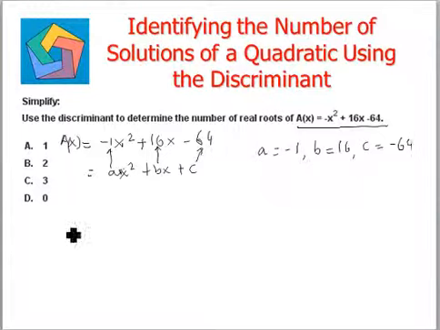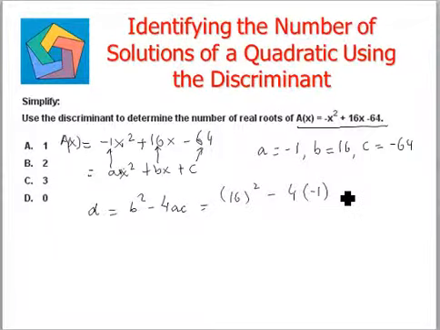So we'll calculate the discriminant. D is equal to b squared minus 4ac. We'll plug in the values. b is 16, 16 squared, minus 4 times a, which is negative 1, and c is negative 64. 16 squared is 256.